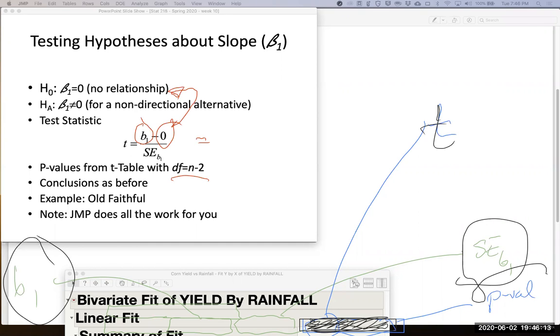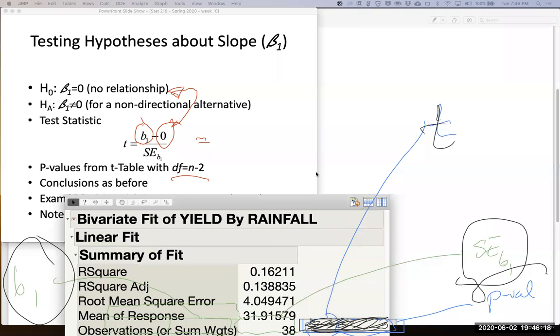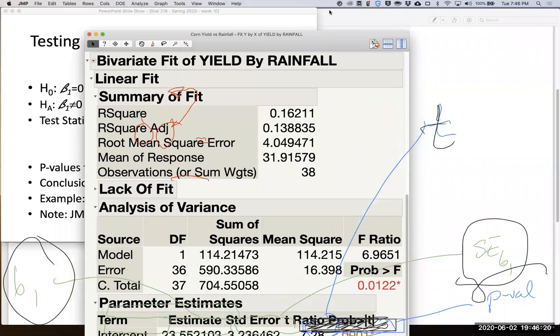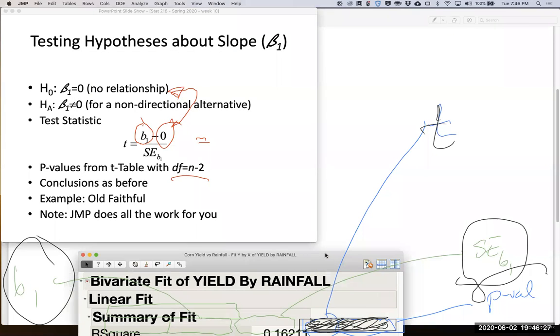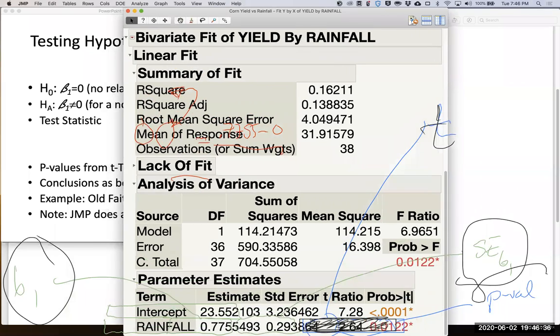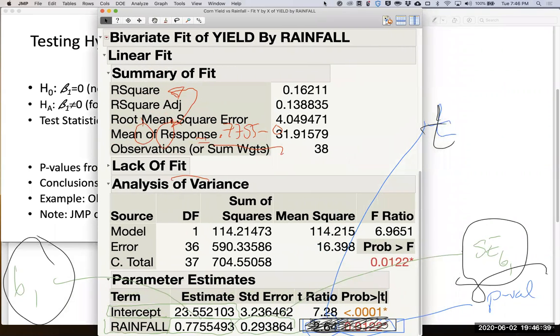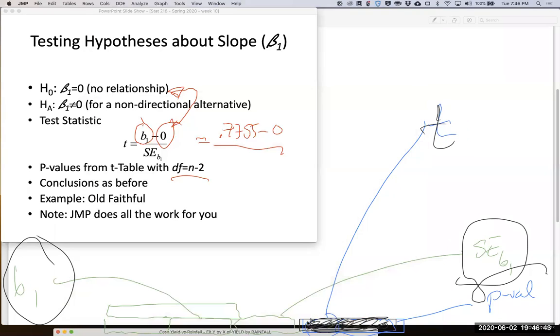Okay, so in our case, our sample slope was 0.7755. 0.7755 minus 0, again compared to the null hypothetical case, and divide through by now our friend, the standard error, 0.2938.